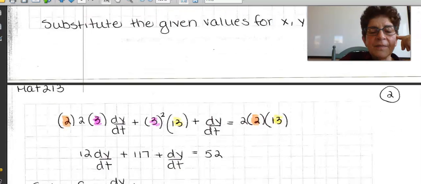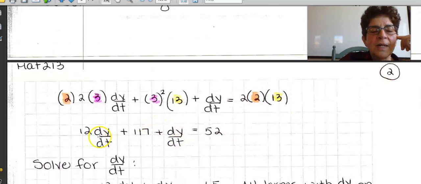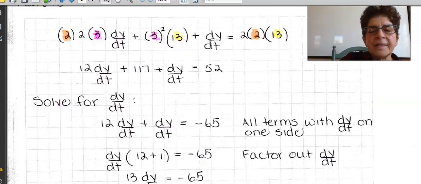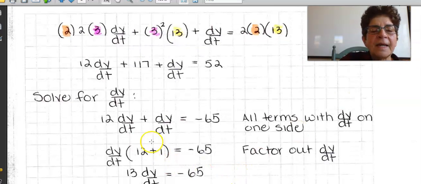Then if I do a little bit of arithmetic, I'm going to get 12 dy/dt plus 117 plus dy/dt equals 52. The only thing I need to do is get all the terms with dy/dt on one side. So I'm going to subtract the 117 from both sides. That gives me 12 dy/dt plus 1 more dy/dt equals negative 65.